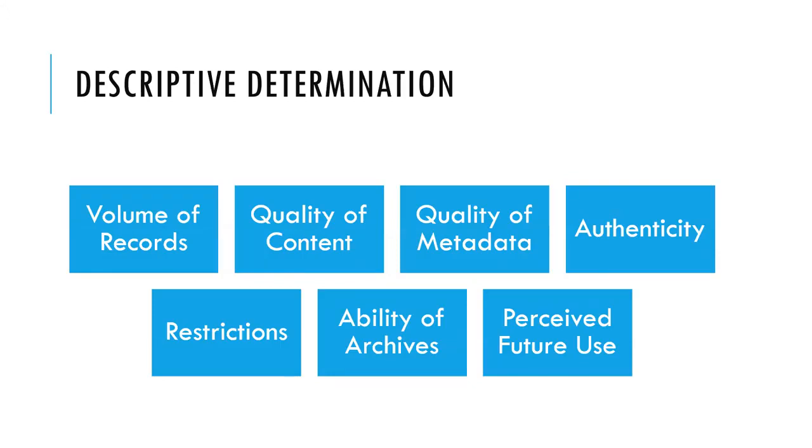And a key way to determine the quality of the content is to understand how the files were used by the records creators. This is something that the Wall article talks about when they discuss the sort of pre-steps to determining the level of access that a collection is going to receive.